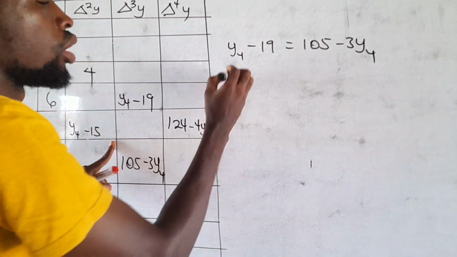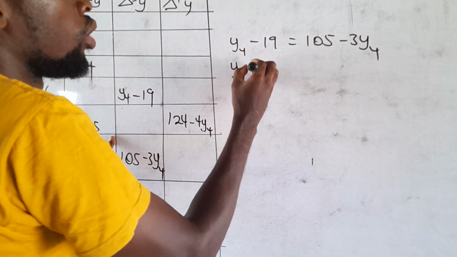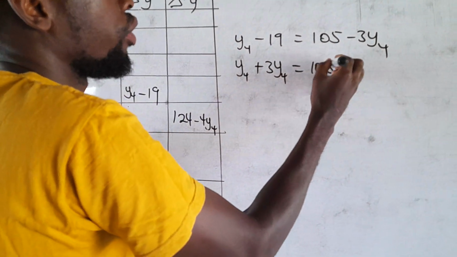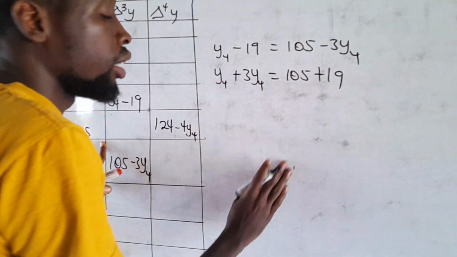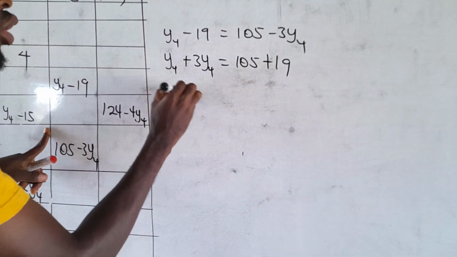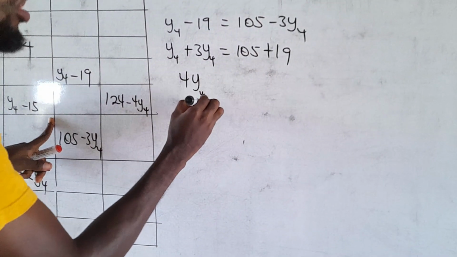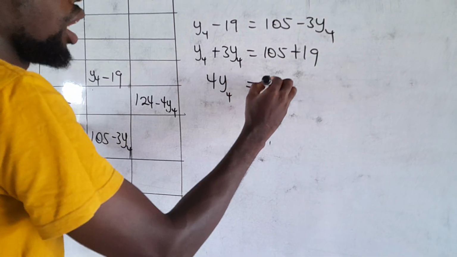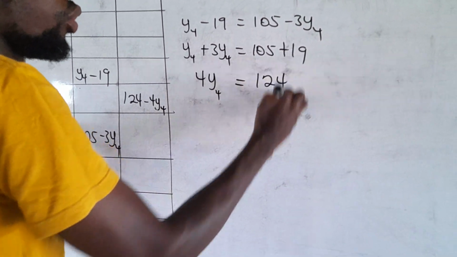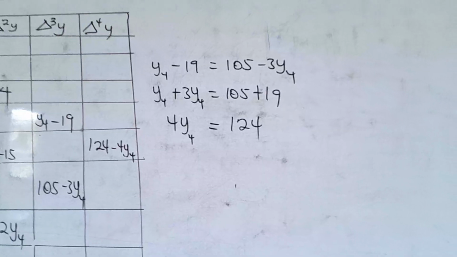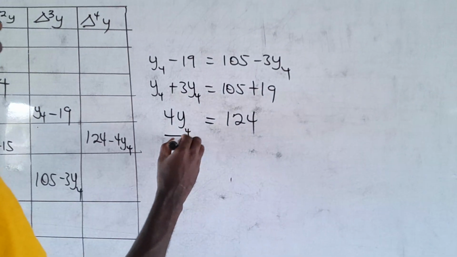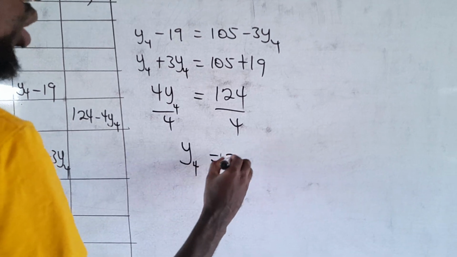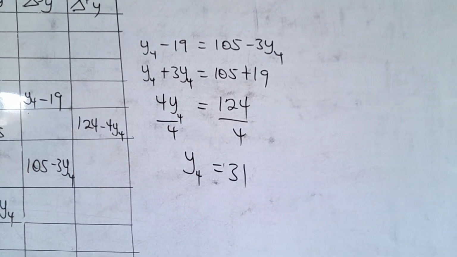So how do we do that? y4 plus 3y4 will be equal to 105 plus 19. y4 plus 3y4, that will be 4y4, and this will be equal to 124. So on dividing both sides by 4, our y4 will be equal to 31. This is the first alternative.